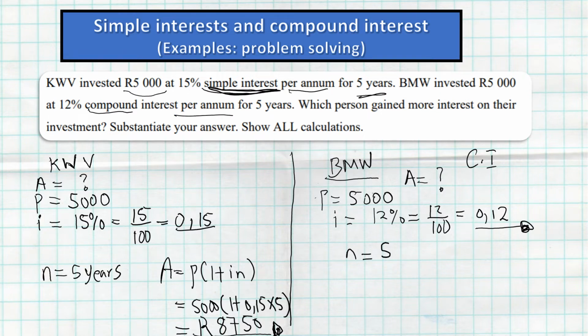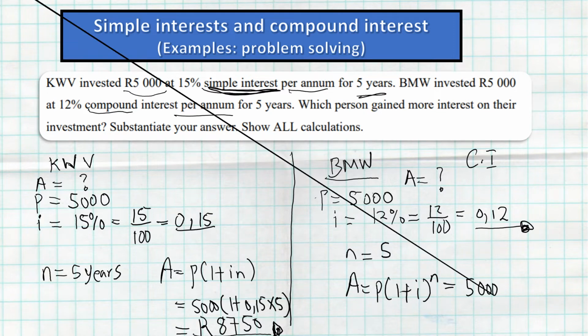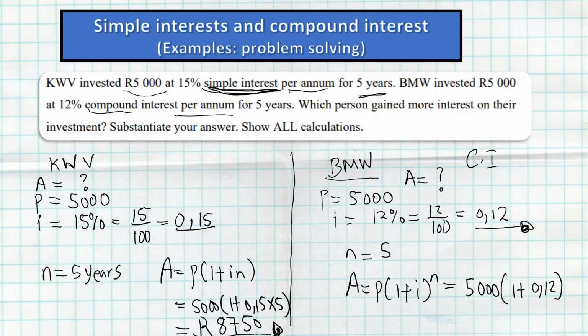Per annum, we divide the interest by 1 and we multiply n by 1, so it won't change. So A is equal to P into 1 plus i to the power n. The formula will be different because this is compound interest. So our P is 5,000 into 1 plus our interest 0.12, to the power of 5. Okay, so just punch the calculator and get the answer.